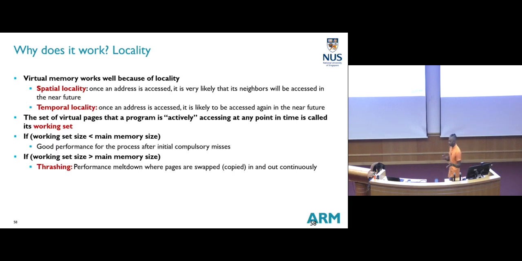And the answer is yes. Why does it still work? Because of this idea of locality: when I access some data, I will access the data around it quite regularly. If I'm accessing some code, I will access the code around it quite regularly. So this idea of locality still holds true, which is why, even though it may seem very troublesome, it is still more efficient to have virtual memory than to not have it.